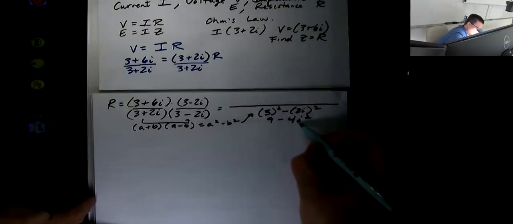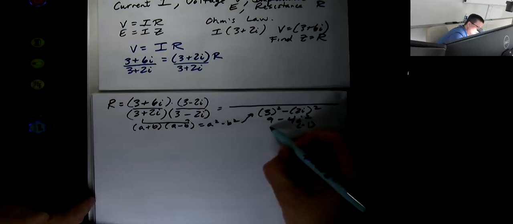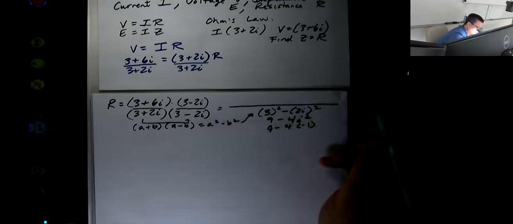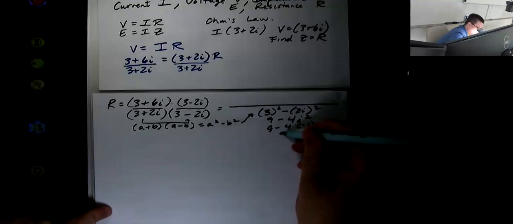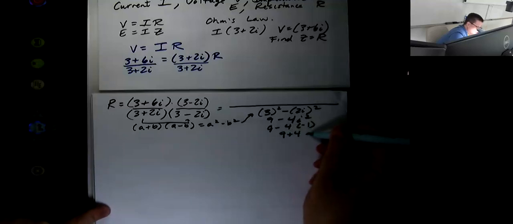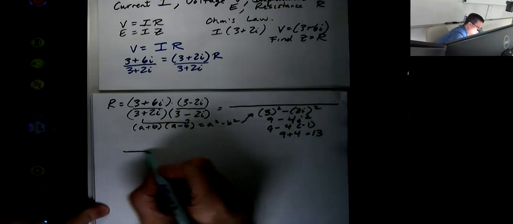But we already saw i squared was negative 1. So this is 9 minus 4 times negative 1, which is plus 4, is 13. We're going to have 13 on the bottom.